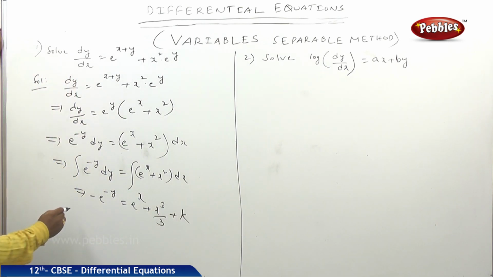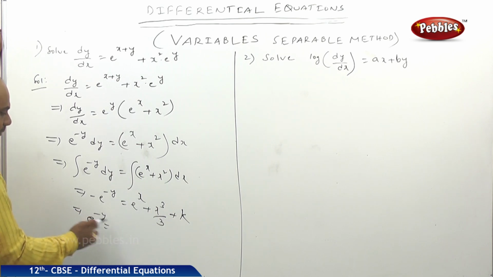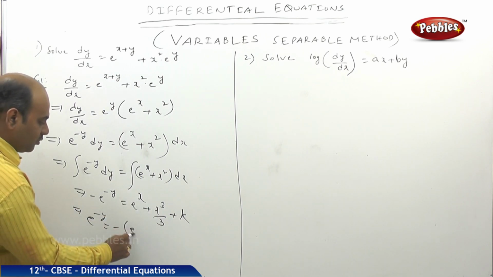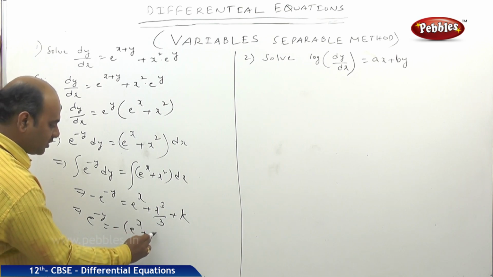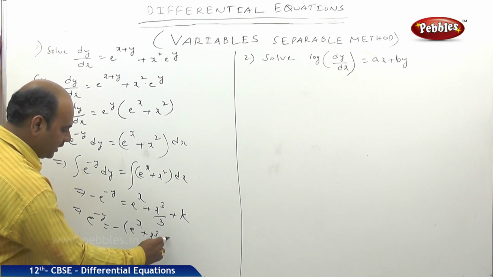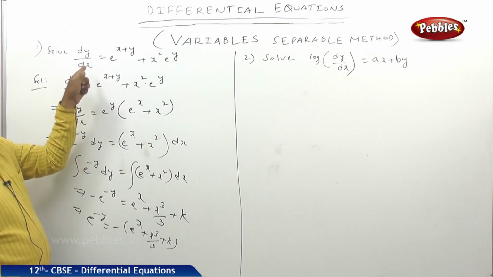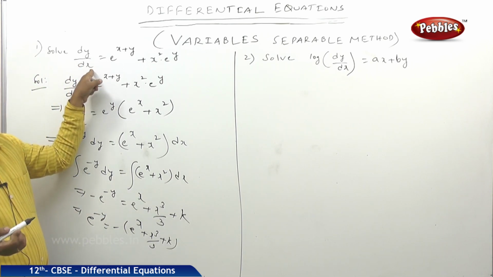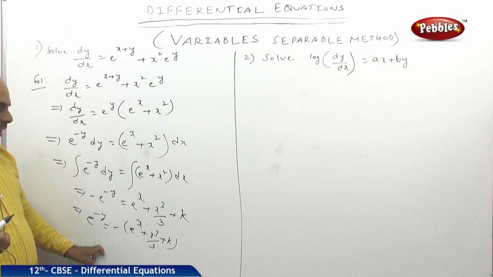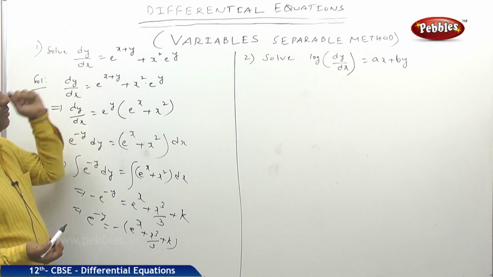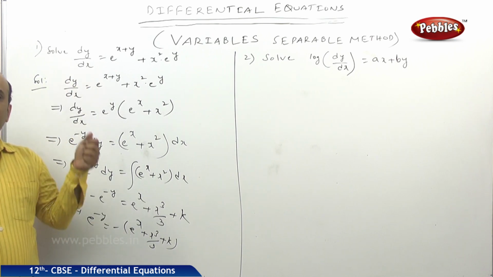Then this e power minus y, minus I will send to that side. So minus of e power x plus x cube by 3 plus k is a relation which satisfies this differential equation. So we can call this relation a solution of this differential equation.